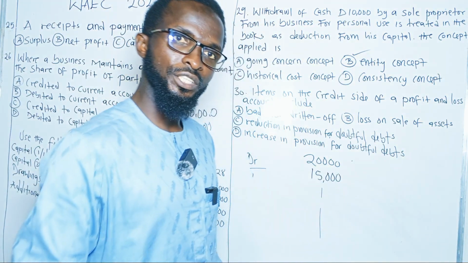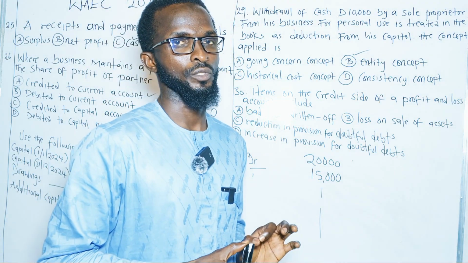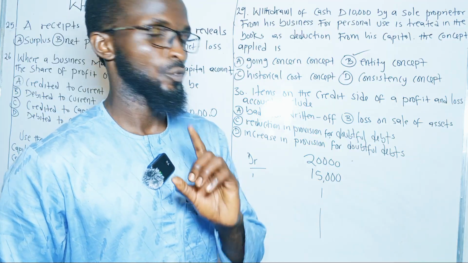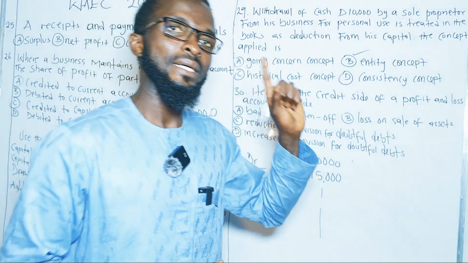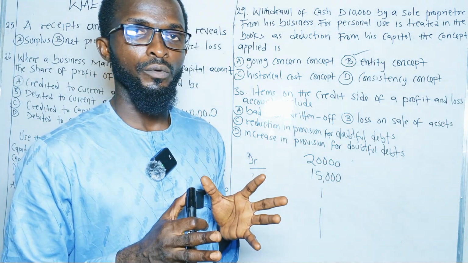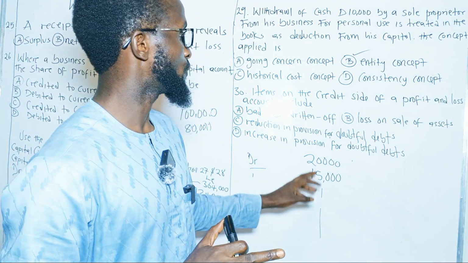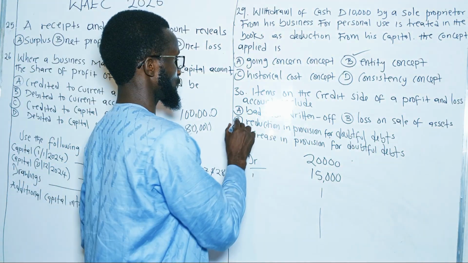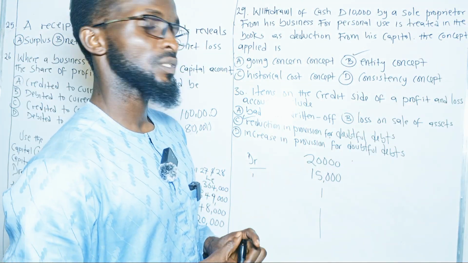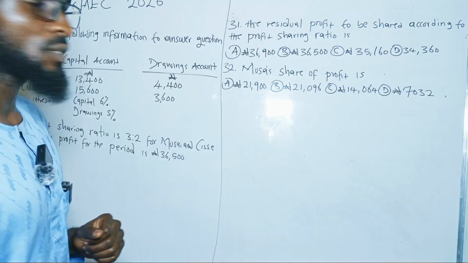You can see there's a reduction from last year to this year, reduction of 5,000. So this 5,000 is regarded as income. So therefore, it goes to credit side of profit or loss account. So therefore, the answer is C, reduction in provision for doubtful debts, because that 5,000 is now regarded as income.